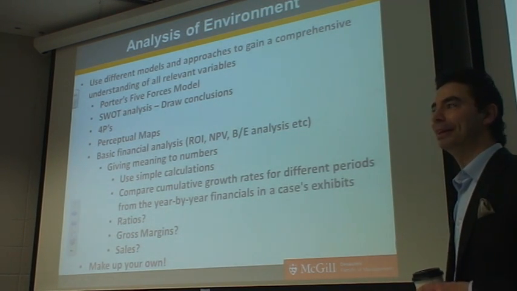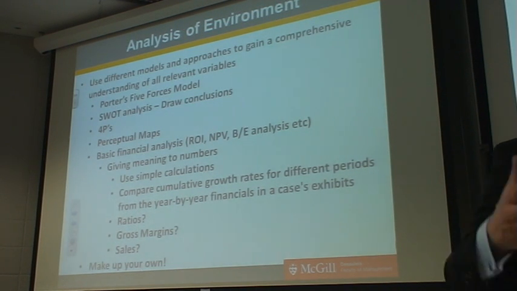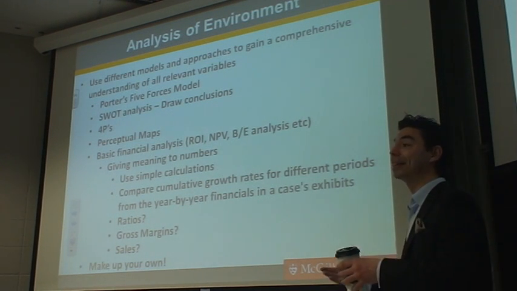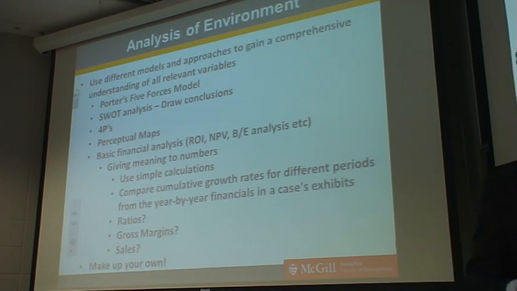It could be lack of machinery or manufacturing capability if we're talking about having to manufacture a product. It could be internal marketing inefficiency. It could be a lack of resources. All of these things could be internal weaknesses.